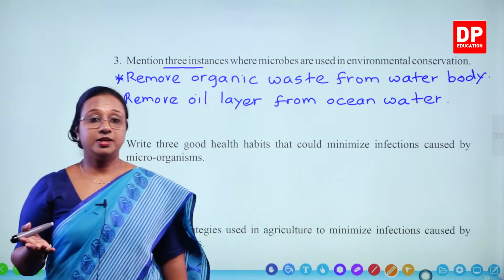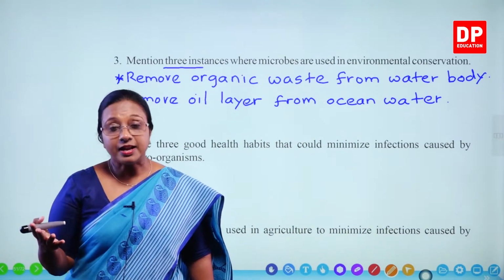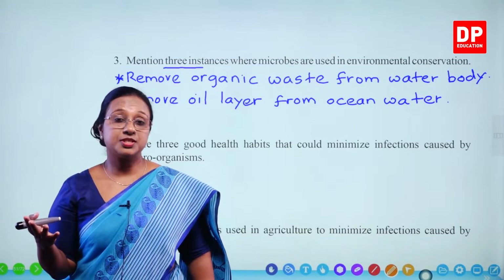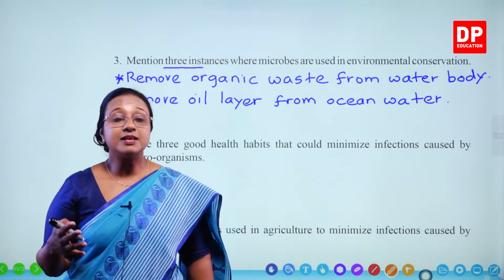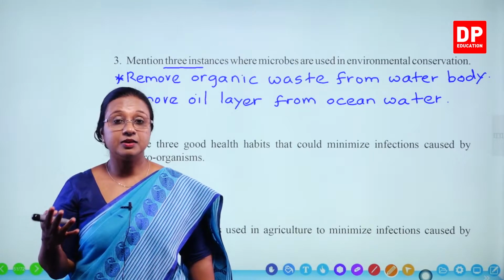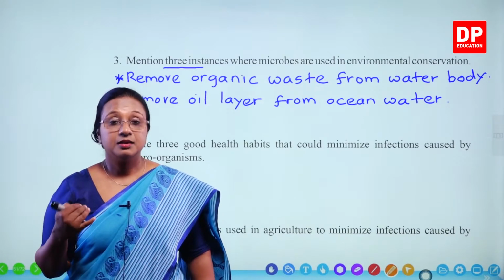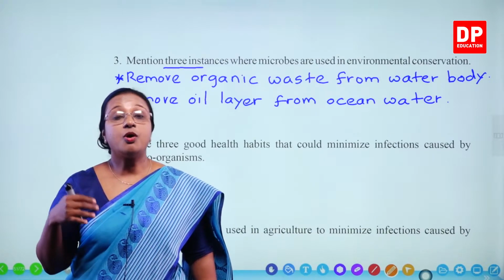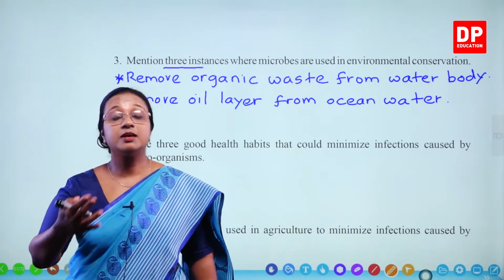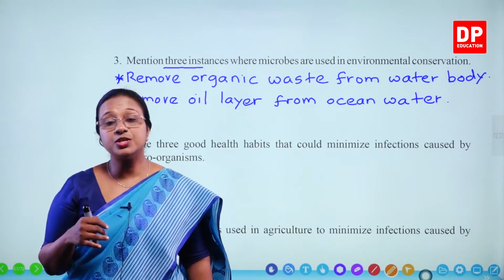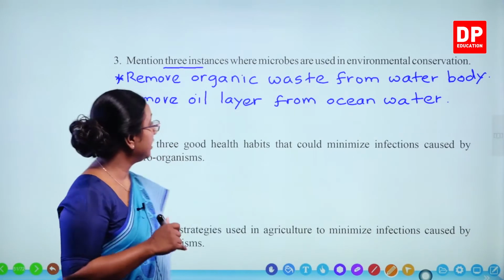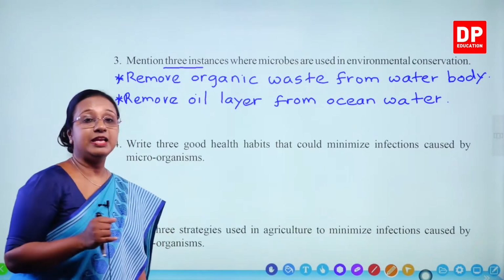What else can you think of? There are many other uses. Removing heavy metals like arsenic, mercury, all those from water, polluted water. Also to decompose degradable plastic. For that also we use microorganisms. So here you can write any one.